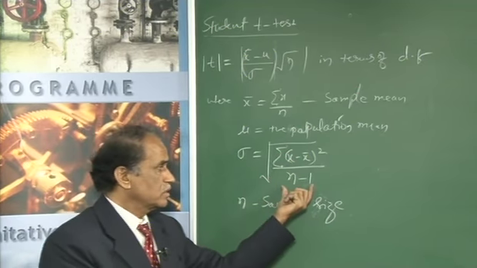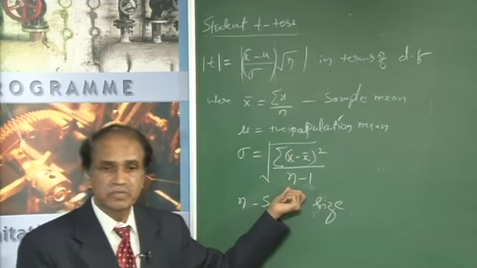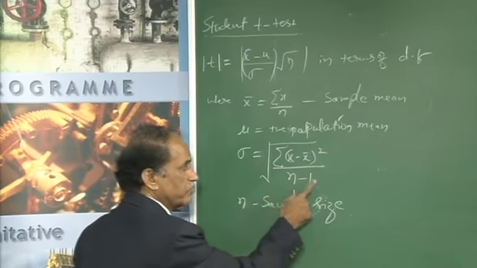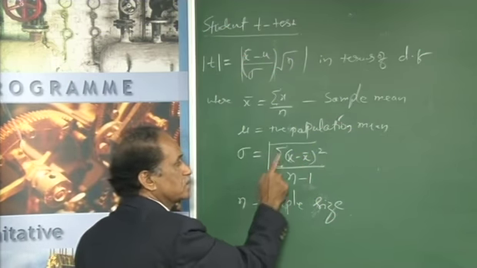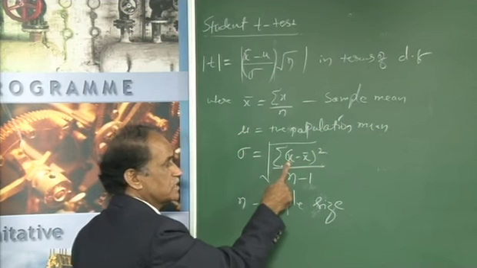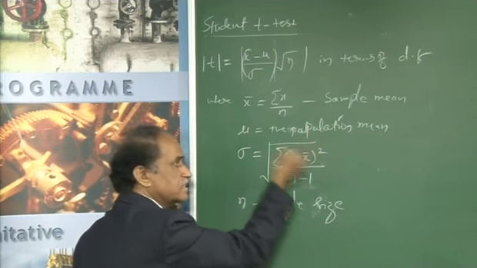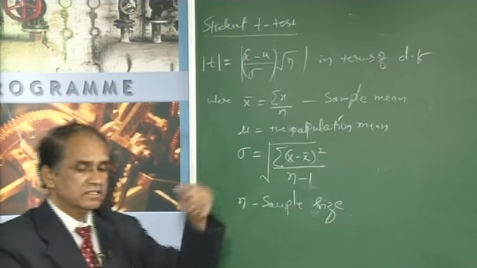Then don't make any mistakes in this calculation, because you have to attach in the denominator the degrees of freedom. That means in the normal calculation in general you will write sigma of x minus x bar whole square, that means each value of the statistical variable minus its arithmetic mean whole square, divided by n minus 1 you have to write. Then n is the sample size.